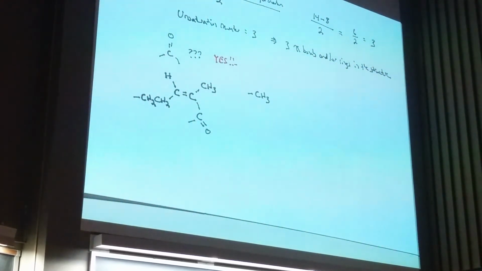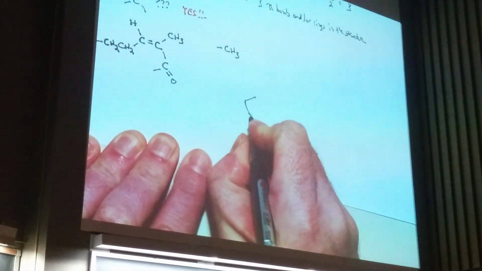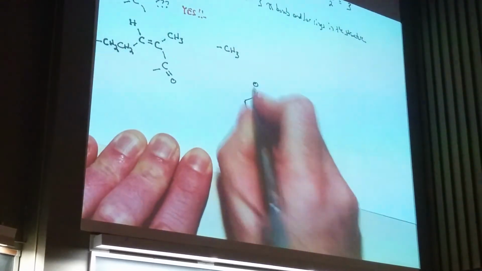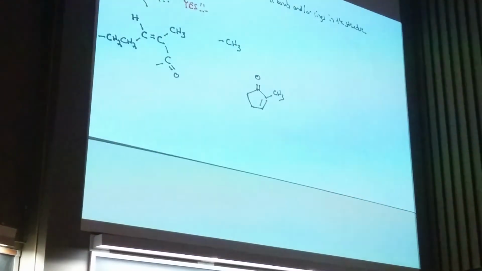What do you think we got to do to those unsatisfied bonds? Bond those carbons to each other. Closing up a ring gives us our third unsaturation. That's a more elegant way of drawing that molecule when I close up that ring.